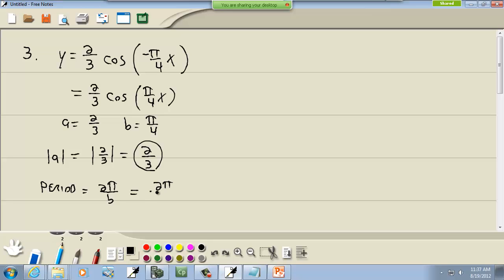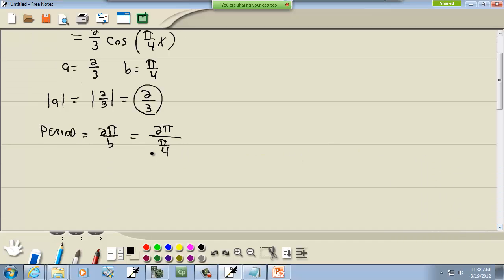So we'll have 2 pi over pi over 4. And again, whenever you have a single fraction down in the denominator, you can flip it and multiply it times your top part. So this gives us 2 pi times 4 over pi. The pi's will cancel there. And we got 2 times 4, which gives us 8. So our period is 8.